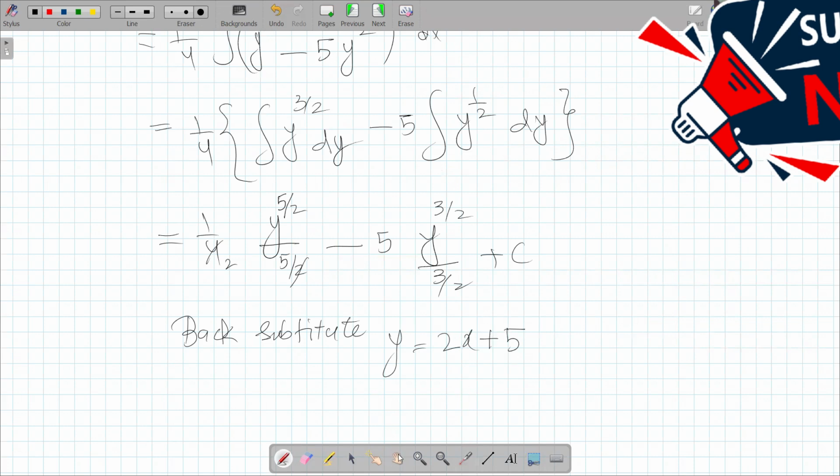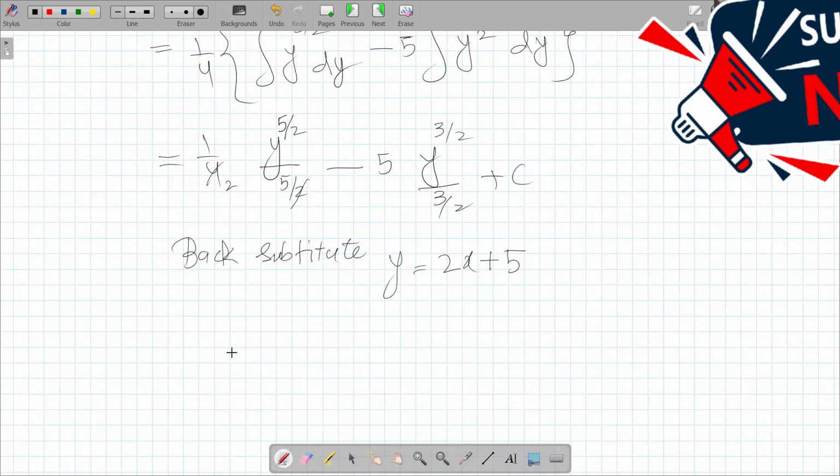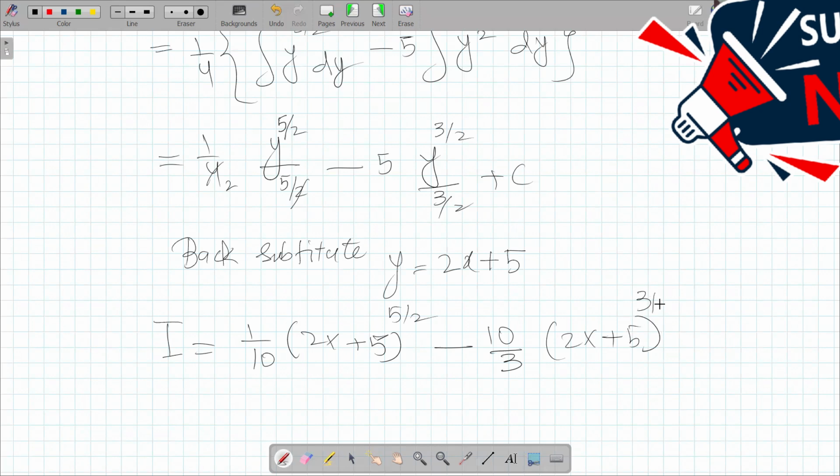So we will put it back into this expression. The antiderivative will be 1 over 10 times (2x plus 5) raised to power 5 over 2, minus 10 over 3 times (2x plus 5) raised to power 3 over 2.